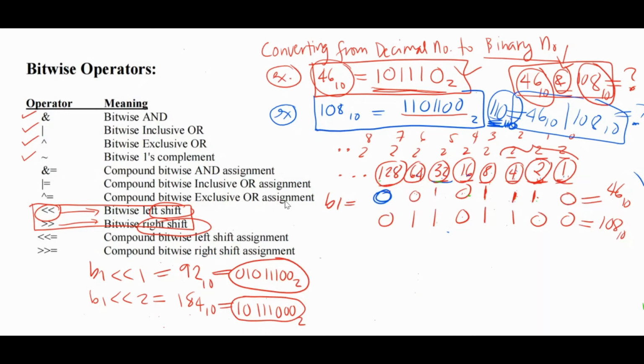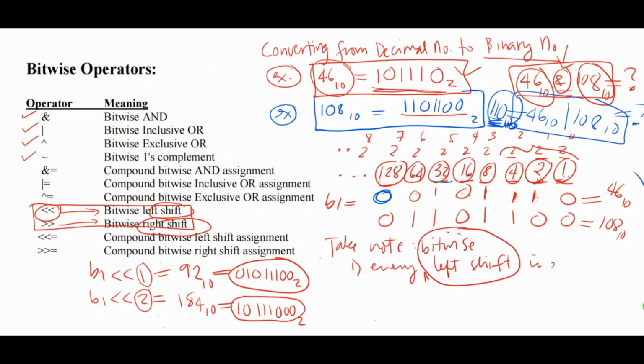Now, what have you noticed with the operation to perform bitwise left shift, when you do it for one shift or two shifts? Take note that every bitwise left shift is equivalent to multiplying the operand B1 by 2.